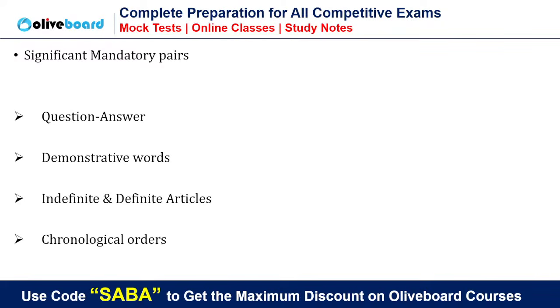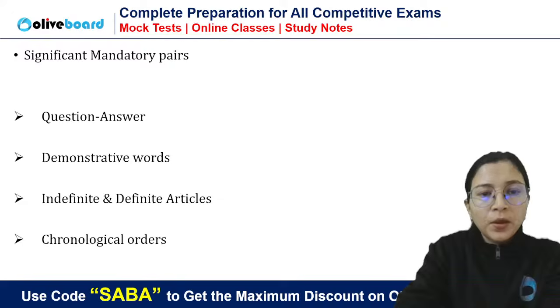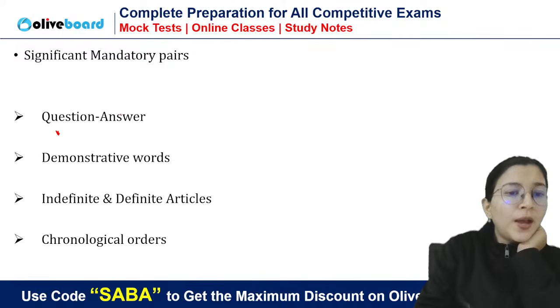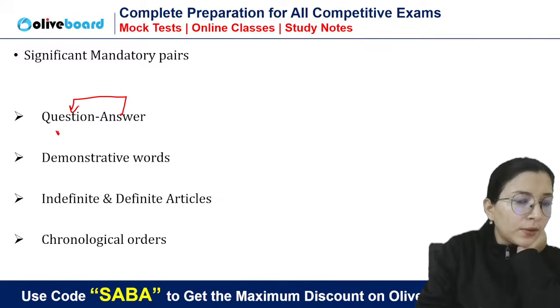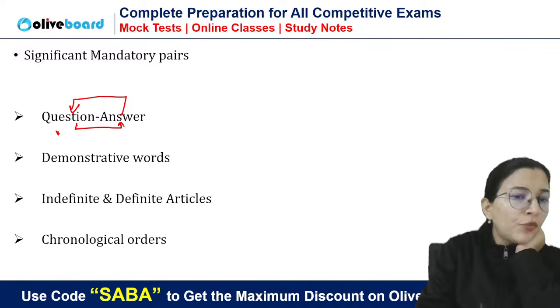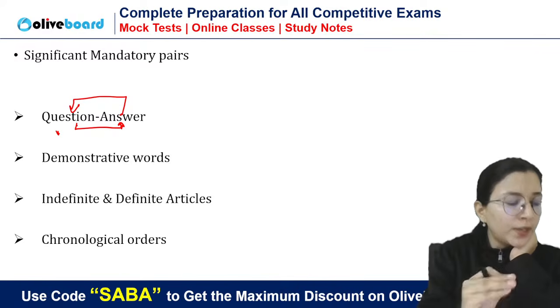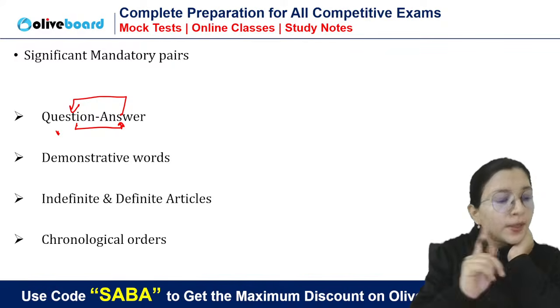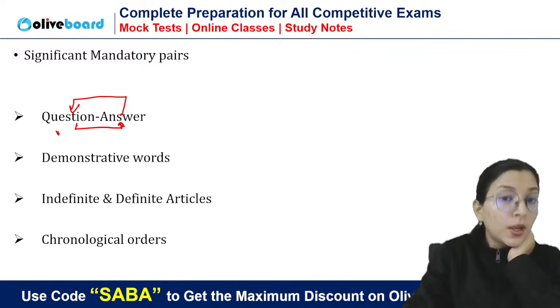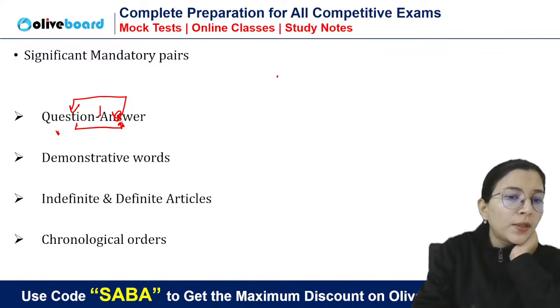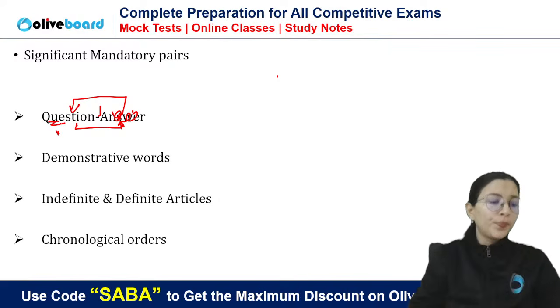Now, mandatory pair is clear. A few more mandatory pairs are there. See, question and answer pair. There are two types of things here. If the answer of the question is given in the passage itself, then you will form the pair of question and answer. But if the answer is not given, then where will this question go?